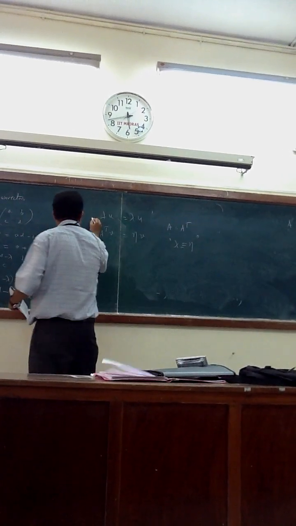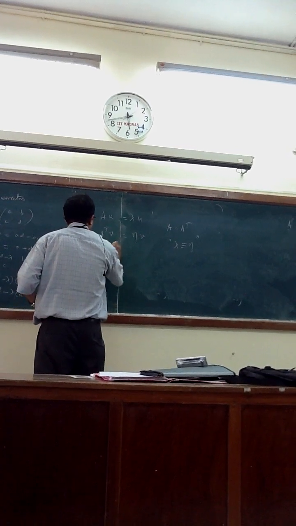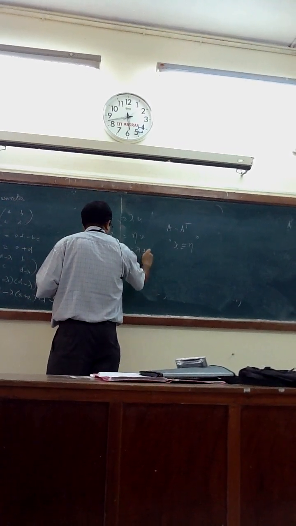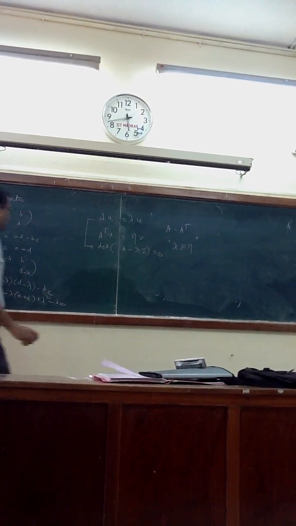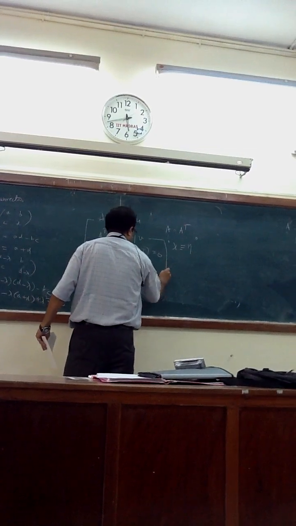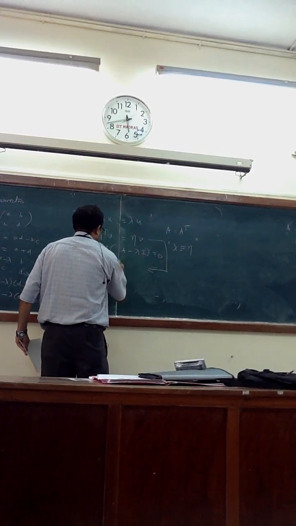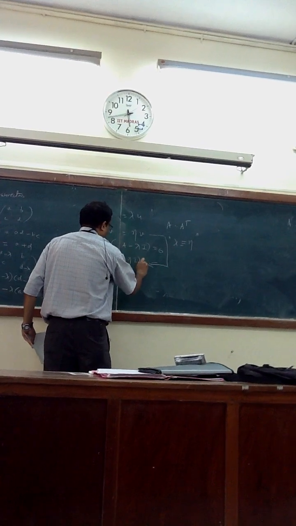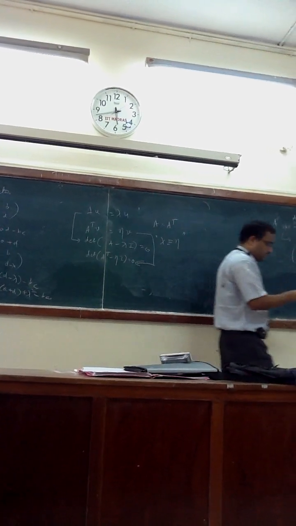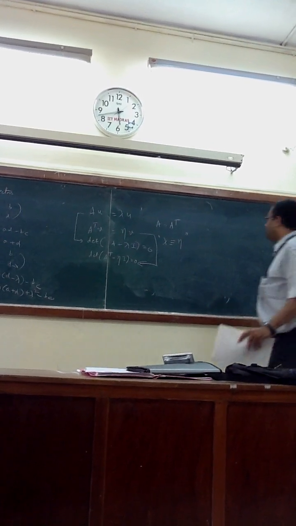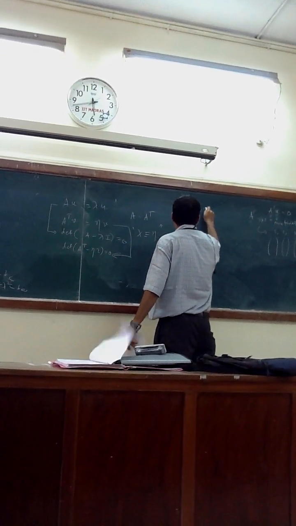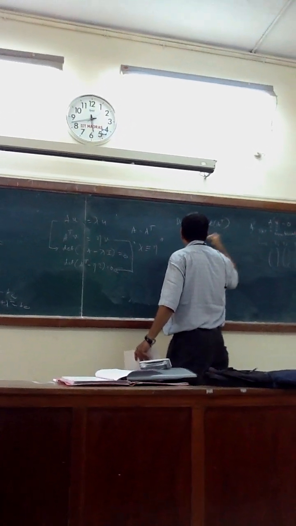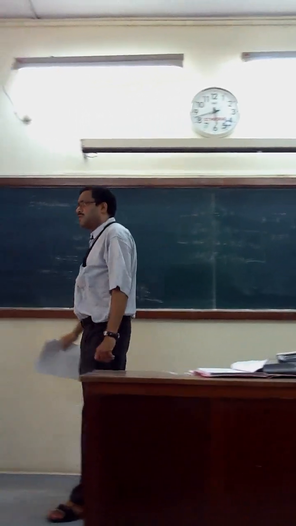For the first case, you can write determinant of A minus lambda I equals 0. Second case, determinant of A transpose minus theta I equals 0. We have seen in the determinant properties, it was already proved, that determinant of A equals determinant of A transpose.